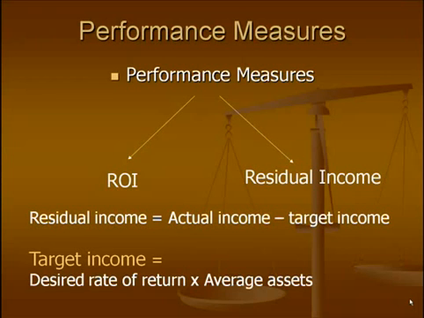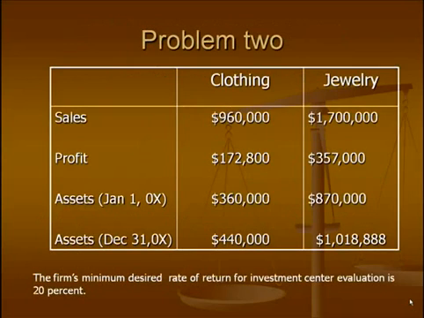Now, let's work another problem. Here's the problem. We take a company which has two divisions, clothing division and jewelry division. The sales of both divisions are in front of you.